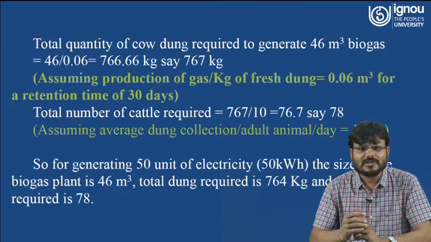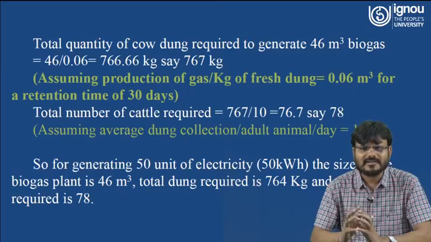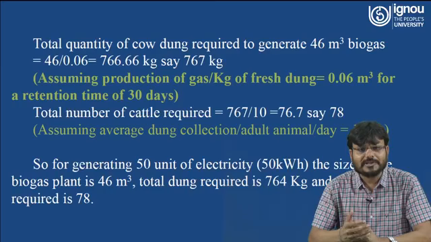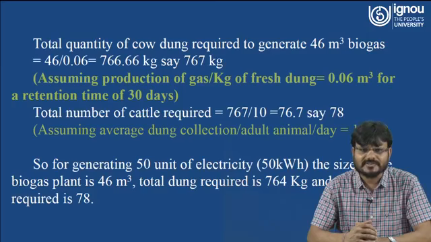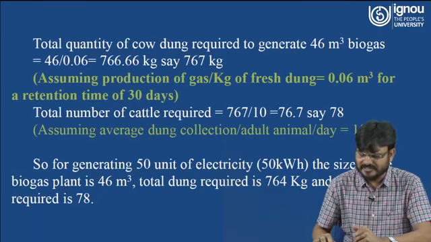So the total number of cattle required is 767 divided by 10, which is 76.7, nearly 78. So for generating 50 units of electrical energy or 50 kilowatt hour, the size of the biogas plant is 46 cubic meter, the total cow dung required is 766 kilogram, and the cattle head required is 78.